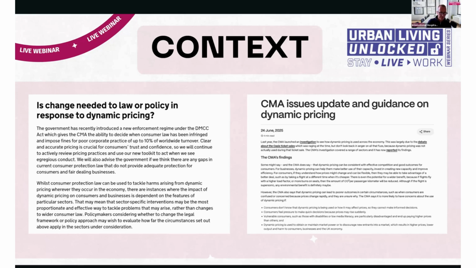And the sentence that jumps out at me is that it says sector-specific interventions may be the most proportionate and effective way to tackle problems that may arise from dynamic pricing, rather than changes to wider consumer law.